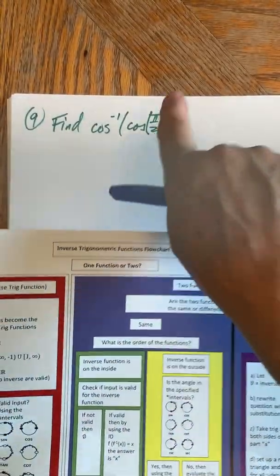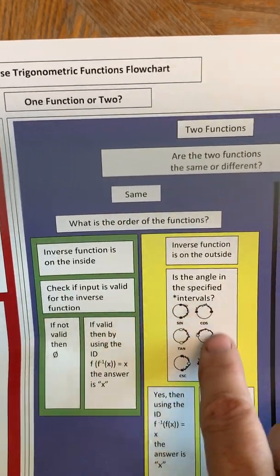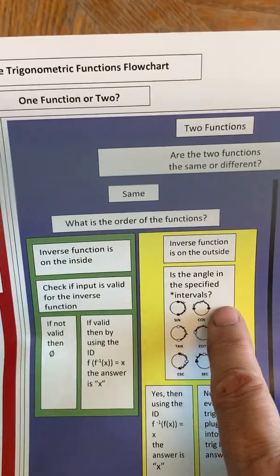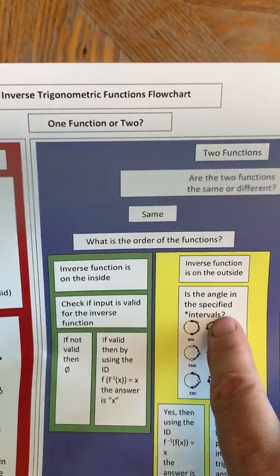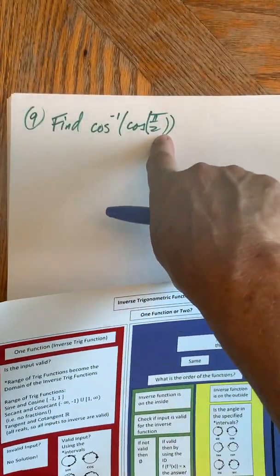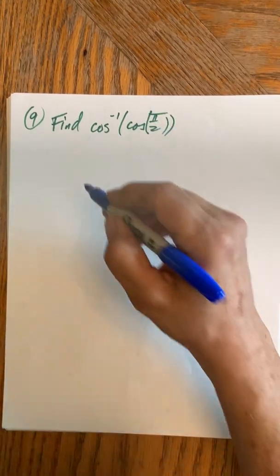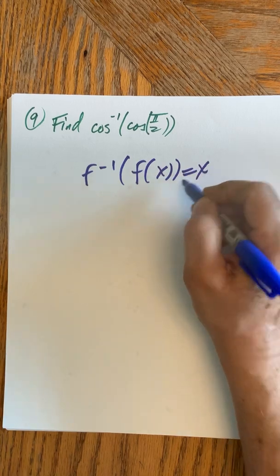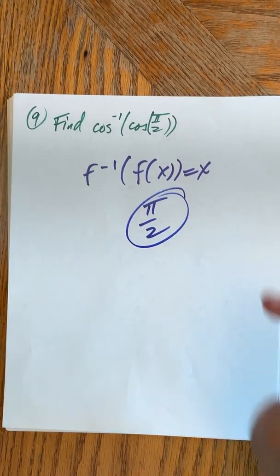So, is pi over 2 in this interval? So cosine is specified for 0 to pi, and pi over 2 is right in there. So that actually works. Therefore, you can use the identity f inverse f of x equals x. So you just have the answer pi over 2. Done.